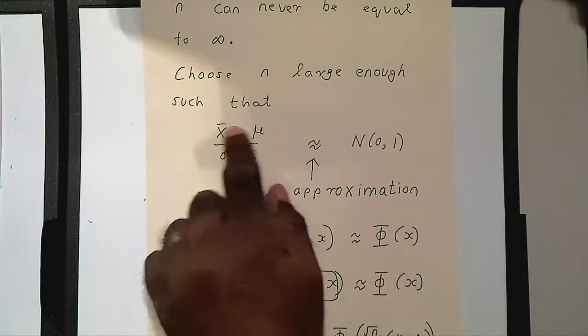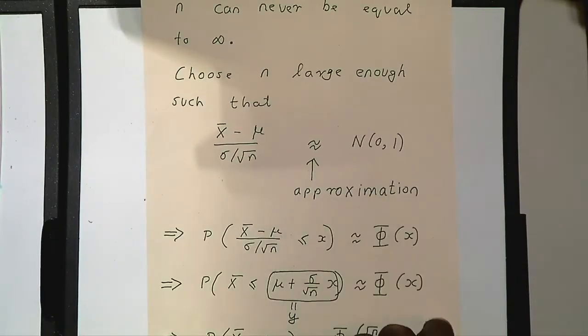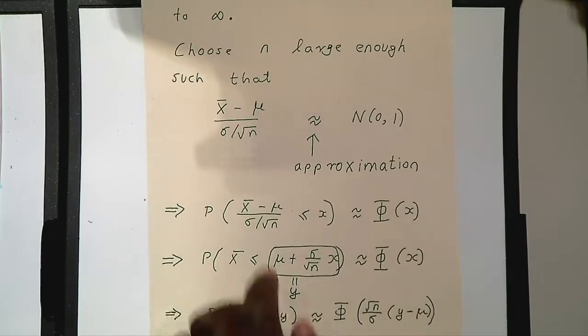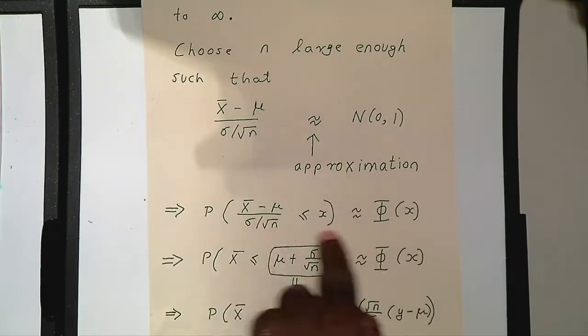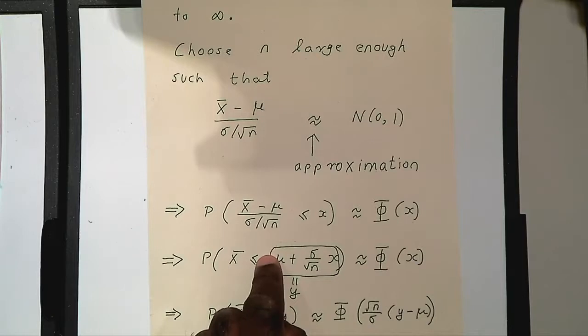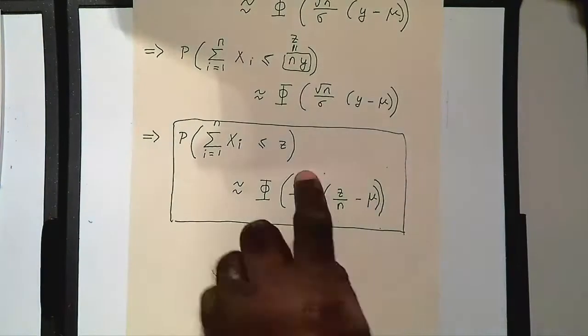Okay, so you can only approximate this guy here by a standard normal given that n is large enough, right? So from this statement, you can derive this statement, which implies this, which implies this, and finally, after some calculations, you get to this, right?